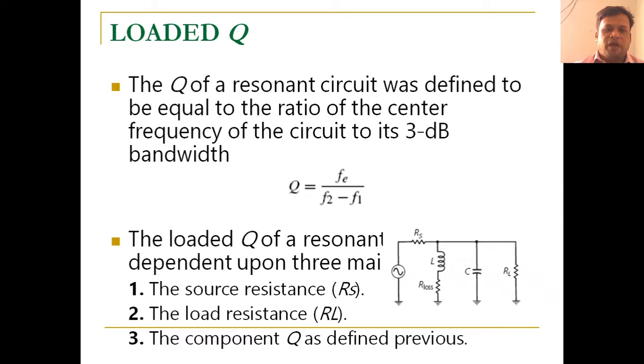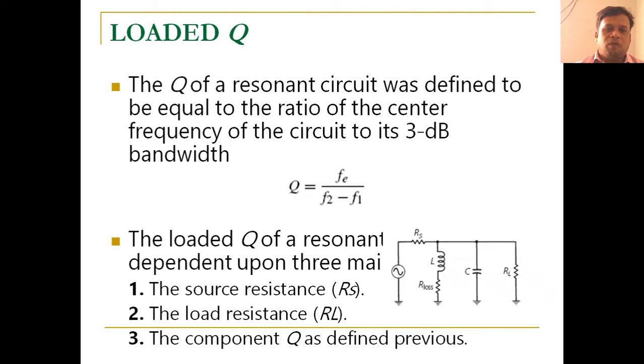In general, we can write the quality factor is equal to Fc divided by F2 minus F1. The loaded Q of a resonant circuit depends upon three main things: the source resistance Rs, the load resistance RL, and the component Q as defined.